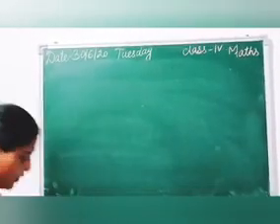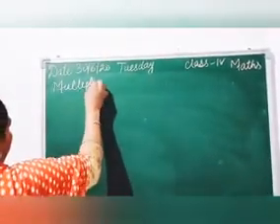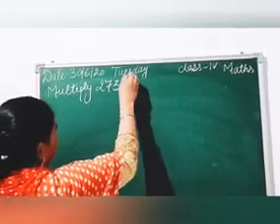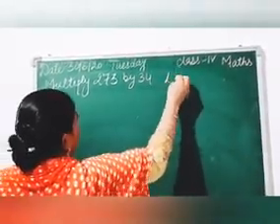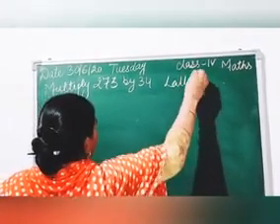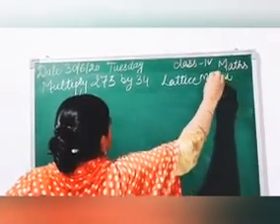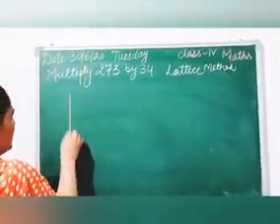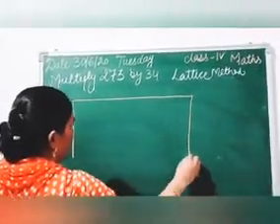That is 273 by 34 using the lattice method. Yes, now 273, so this direction will have 3 boxes.